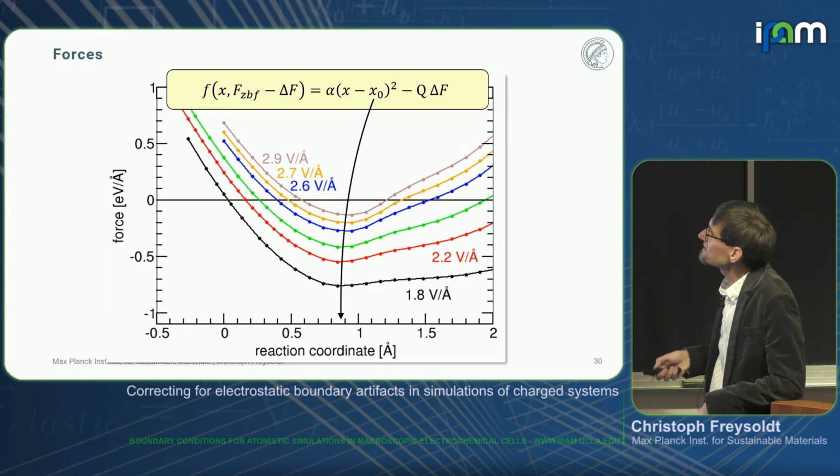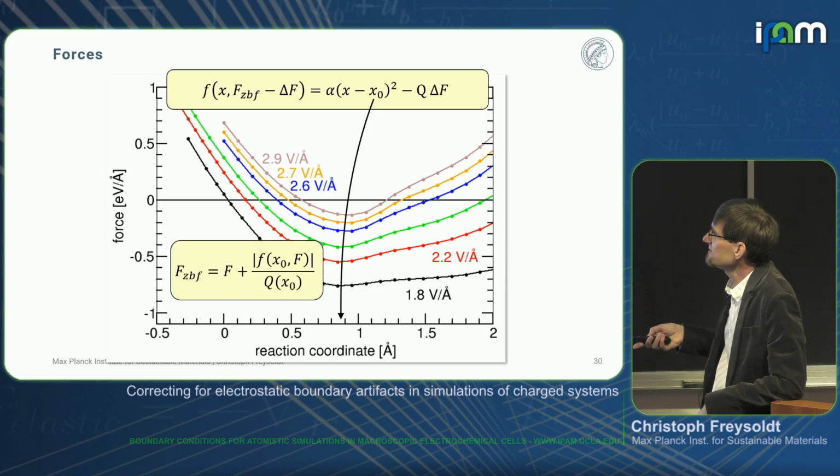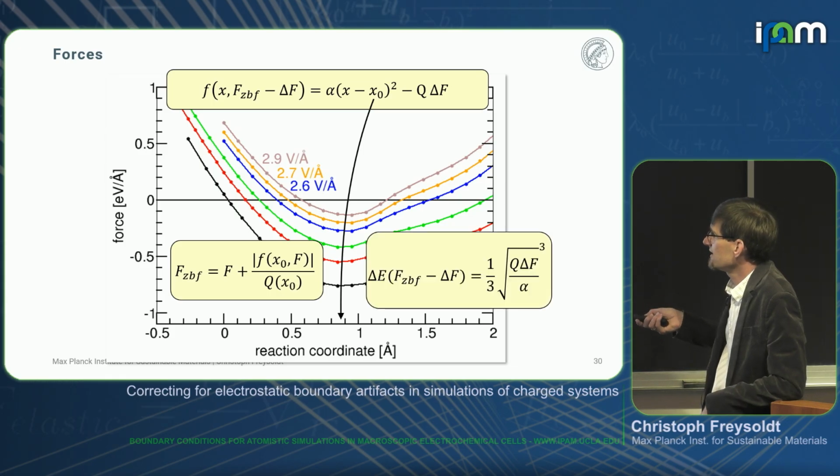And this allows us to make very simplified models of how this force develops as a function of field, just a linear shift with a prefactor that has the dimension of a charge. If you have such a simplified assumption in the vicinity here, you can extrapolate immediately from a single calculation the zero barrier field, so the field where the barrier vanishes, and you can also analytically describe how the barrier would evolve.